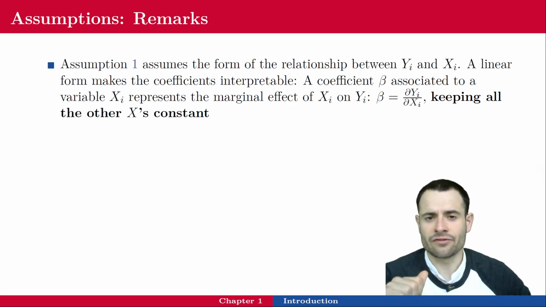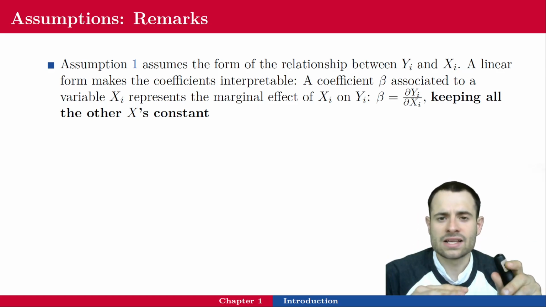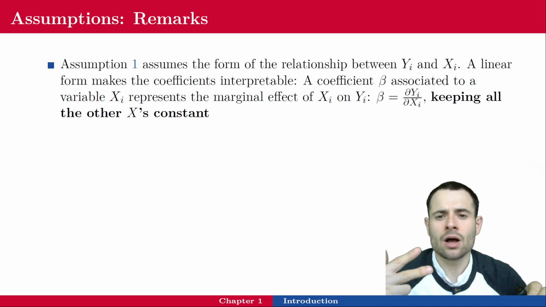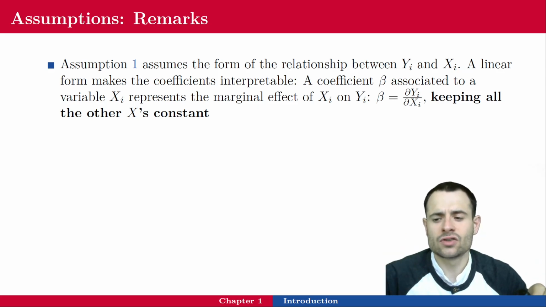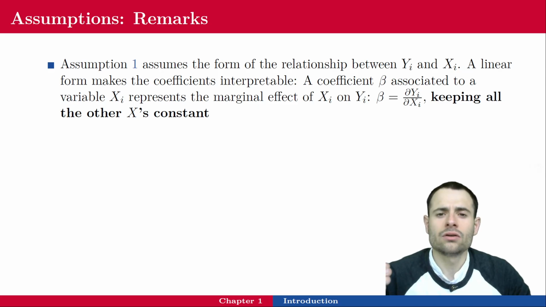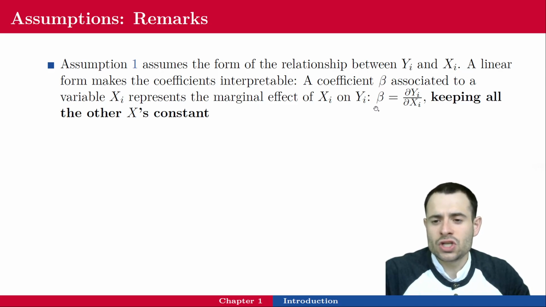So this means that if somebody has a certain vector of x's, he has a certain height, certain weight, certain income, certain number of kids, he lives in a certain place, certain marital status, smoking status, and so on. If I increase his age by 1 year, the effect on y will be equal to the beta that is associated to the age variable, keeping everything else constant.